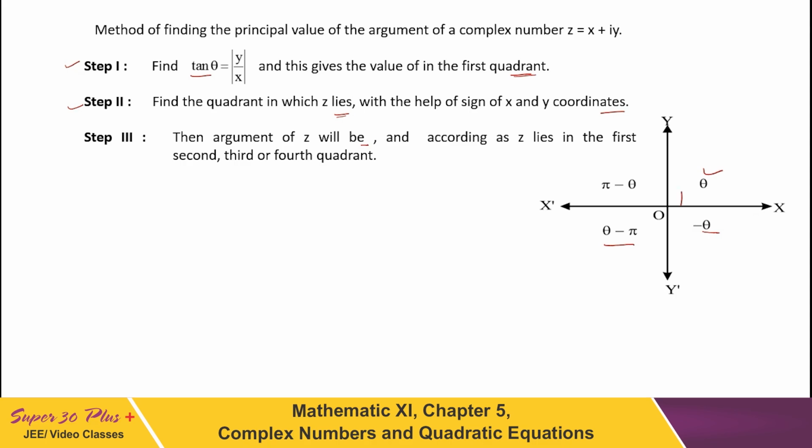Argument will be π/2 if complex number is purely imaginary and positive, and it is -π/2 if complex number is purely imaginary and negative. For purely positive real number, argument is 0, and for purely negative real number, argument is π.